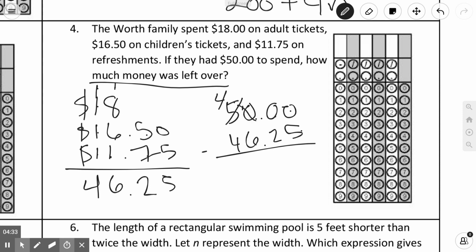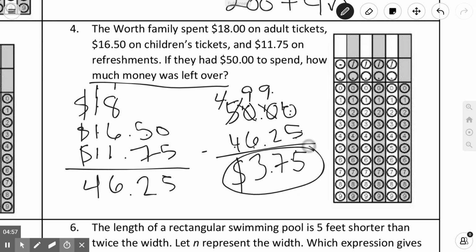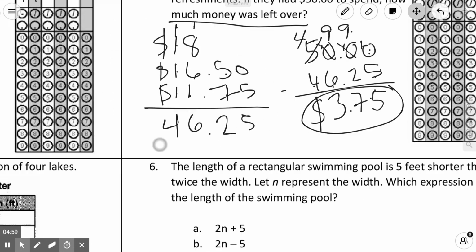Then I borrow again, this becomes a 9, and I put 10. I borrow again, that becomes a 9, and I put 10. And now I can do 10 minus 5 is 5. 9 minus 2 is 7. Decimal place. 9 minus 6 is 3. And 4 minus 4 is 0. So my answer is $3.75 left over.